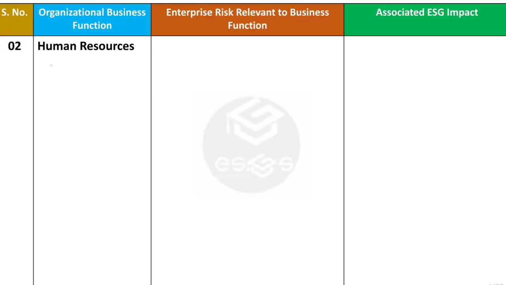So, in the human resource or HR business function, we will take examples of risks. First is talent shortage. Difficulty in attracting skilled workers, also affecting project timelines and growth.